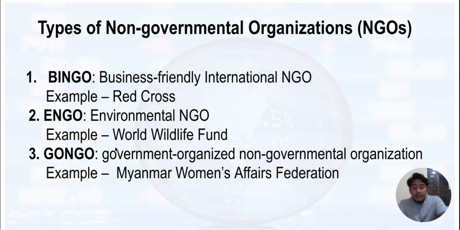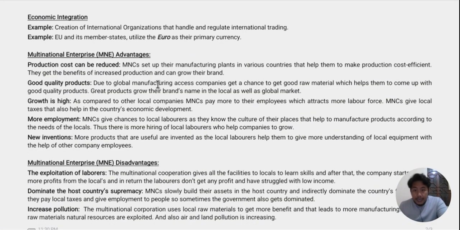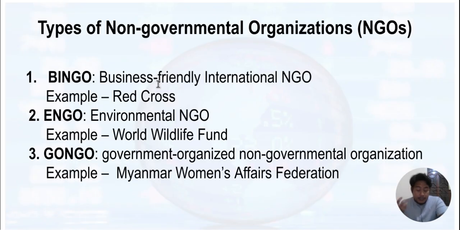One example for this would be the WWF, or the World Wildlife Fund. Here in the Philippines, we do have several other organizations like Haribon, Habitat for Humanity, and these organizations actually have chapters also in different countries.